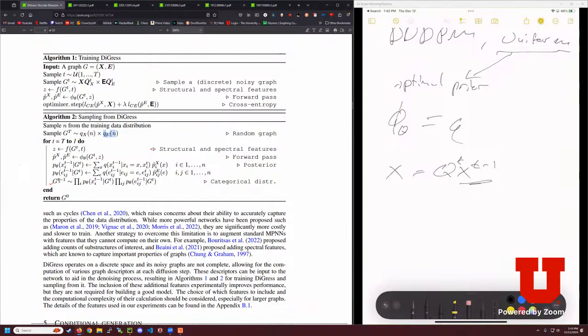And then they're missing the part where we take our graph T, we have our graph T minus 1, which is composed of QX of T minus 1 and QE of T minus 1. And these should be reset after each step. We should be setting those to be our Q values for our next one.